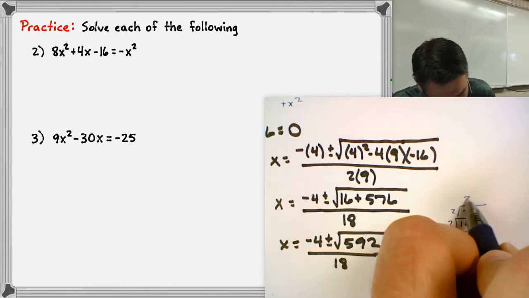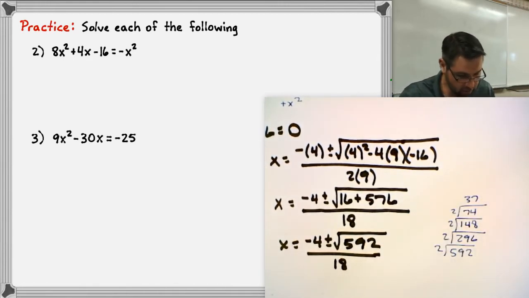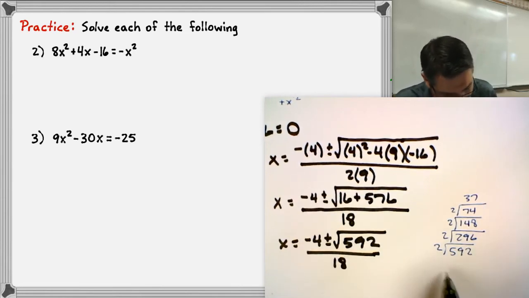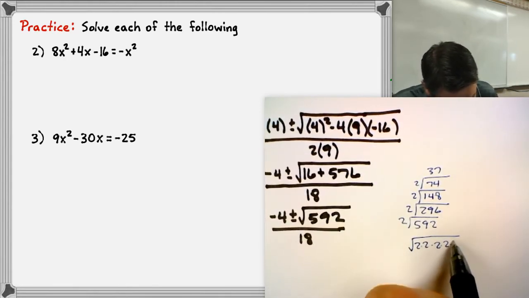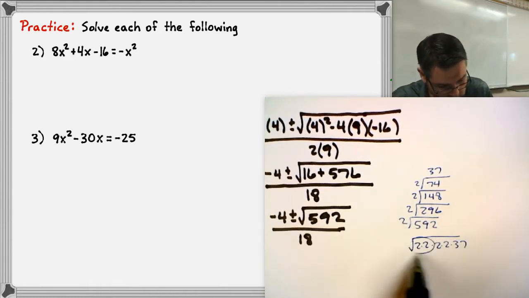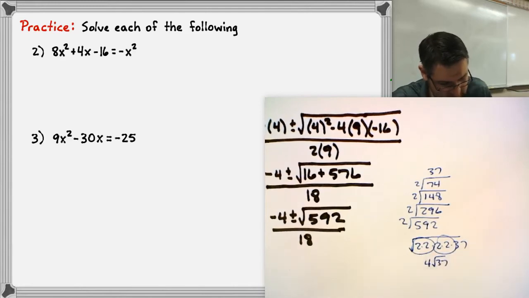Divide that by 2, we get 37. And 37 isn't going to work for anything. So we have the square root of 592 is 2 times 2 times 2 times 2 times 37. Circle our pairs, and so those go out. We're left with 4 radical 37.